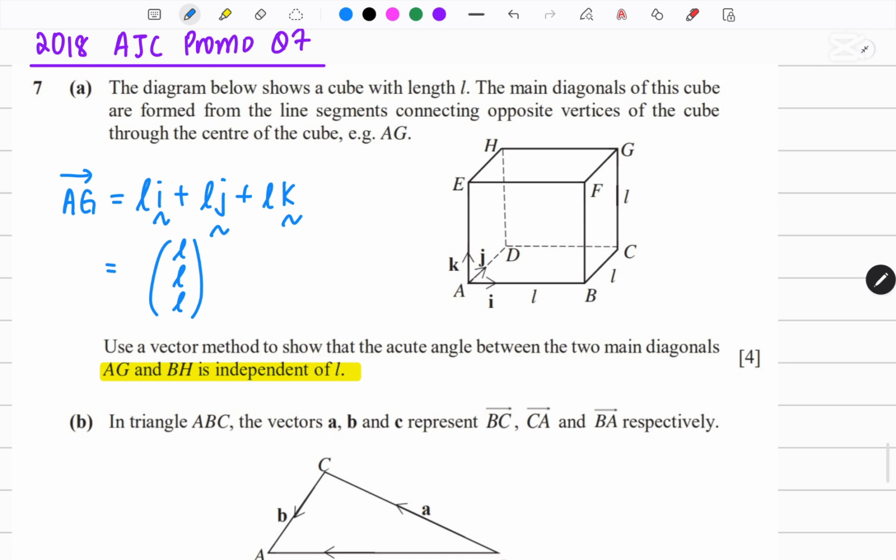Let's do it for BH this time. So for BH, it will be B to H like this. This is my vector in question. So how do I define it?